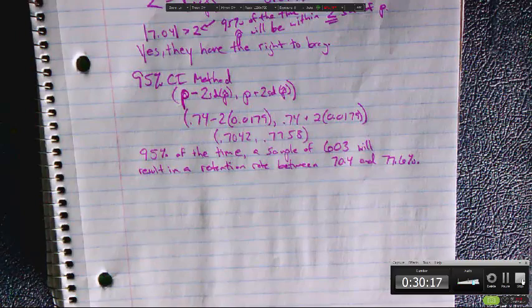If you were to go to a college and sample 603 of their sophomores, to figure out how many of them stayed and how many dropped out, you should find that between 70.4 and 77.6% of them stayed for their sophomore year. Now, what was the retention rate of this school?